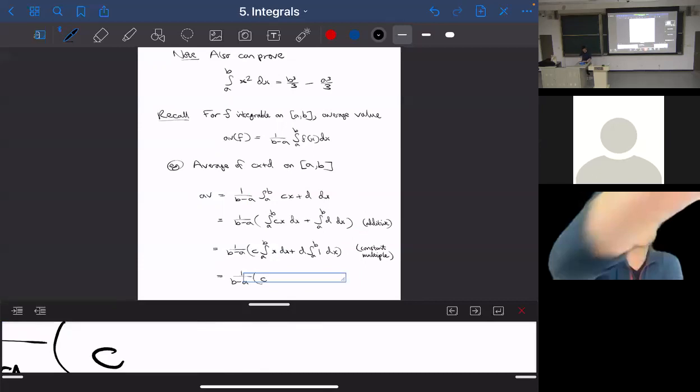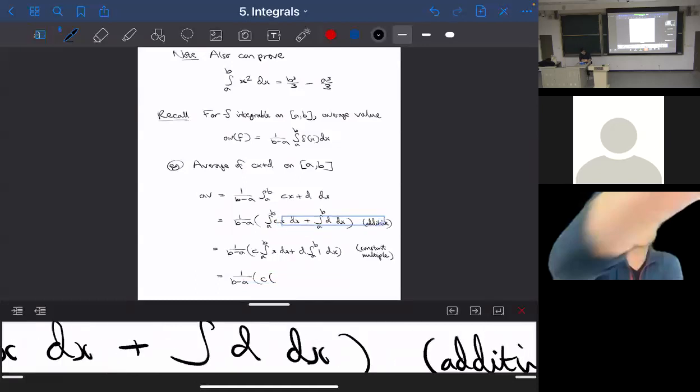Isn't there a d, good point, good point. So that's not a mistake, but it's a good point to look at because it can be confusing.